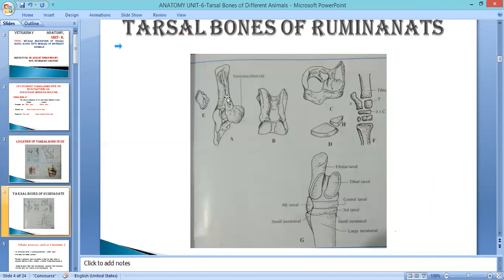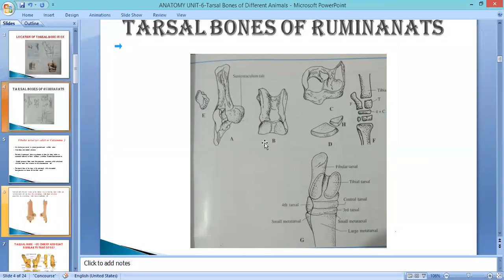This is the fibular tarsal, this is the tibial tarsal, this is central plus fourth, this is the second plus third, this is the first. The positions are clear from this location, and we will discuss the shape and size of each and every bone of the tarsal.